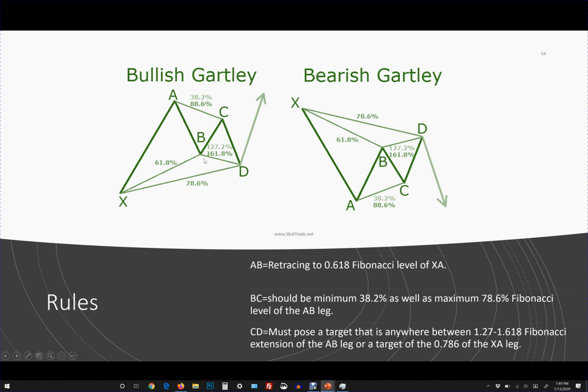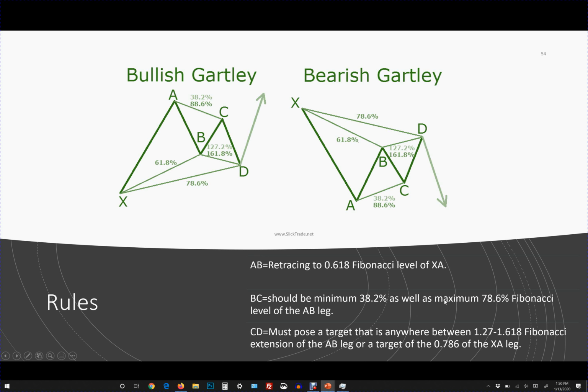So that just means that price first started here, came up, retraced that AB line, and then came up again to continue forming the M, or down to continue forming the W.